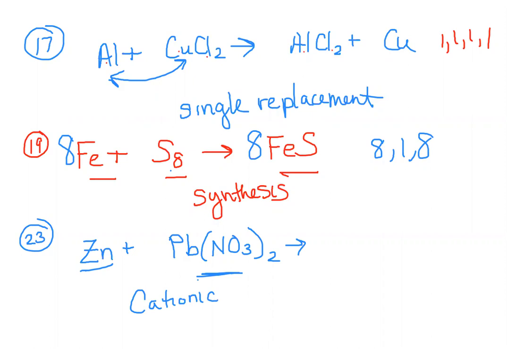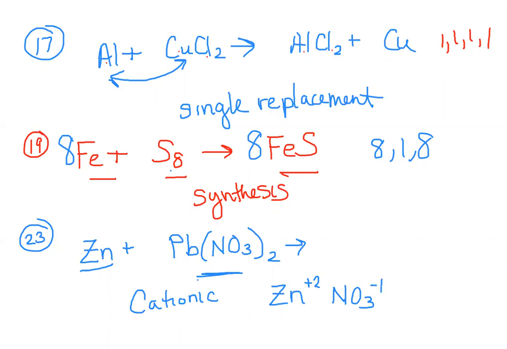So that means now the metals have a positive charge. So zinc has a charge of +2, and it's going to go with NO3, and NO3 is nitrate, which has a -1.